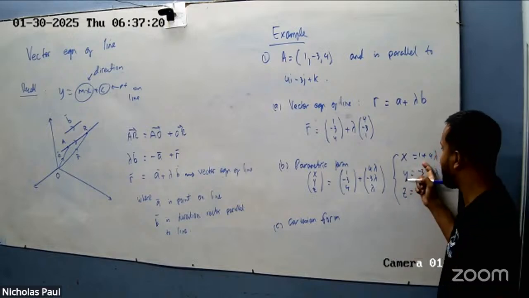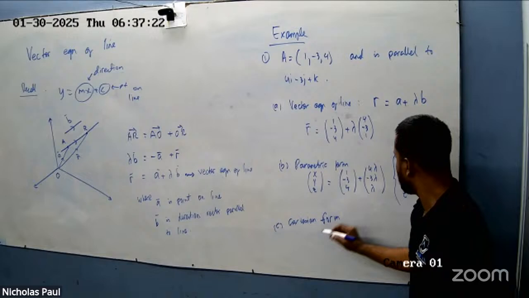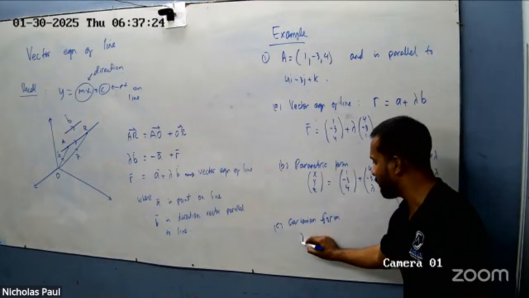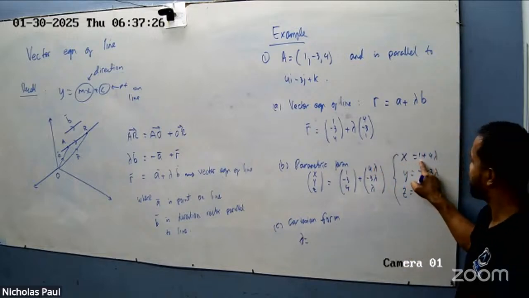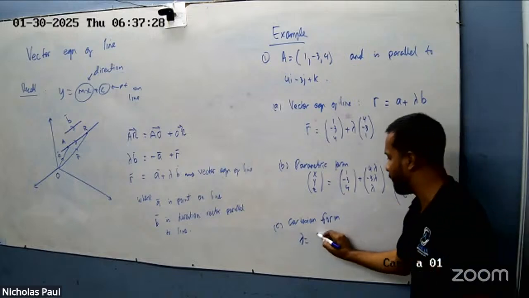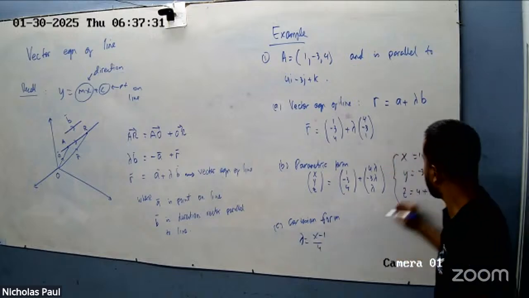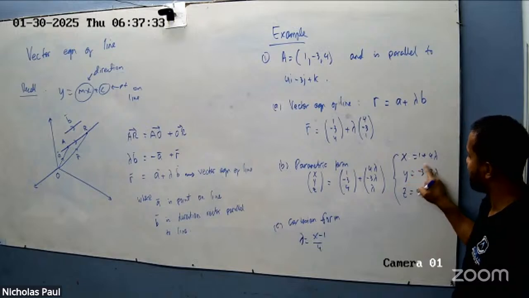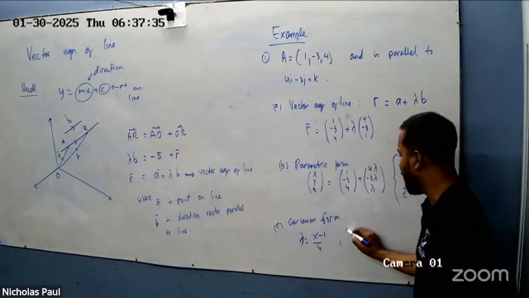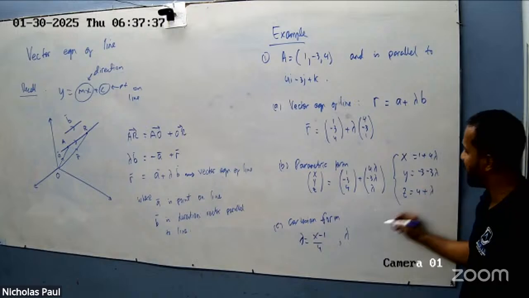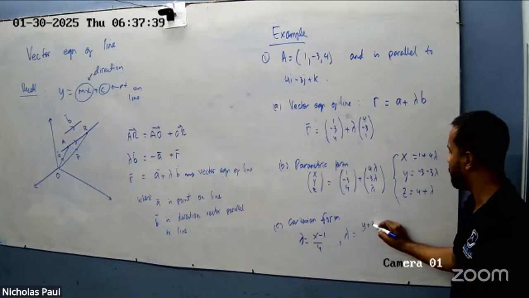So you can make lambda the subject here, right? If you make lambda the subject here, you will get X minus 1 divided by 4. Right? Carry across the 1, you get minus 1 divided by 4. Then, if you make lambda the subject here, you'll get Y plus 3 all over minus 3.